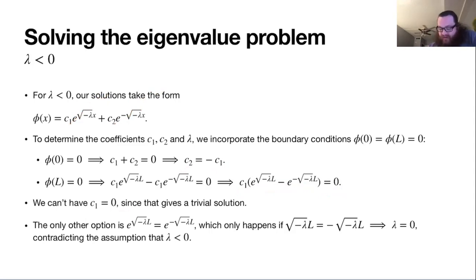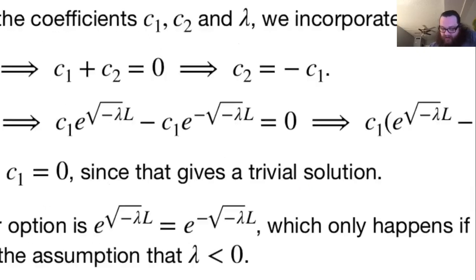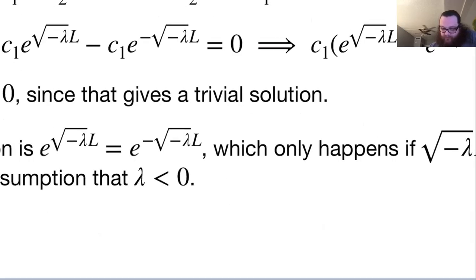So that tells us that this expression right here has to be equal to 0. So we can write it like this. Another way to write it is, if you multiply by e to the root minus lambda L on each side, you're going to add them, and so that's going to turn to 0.